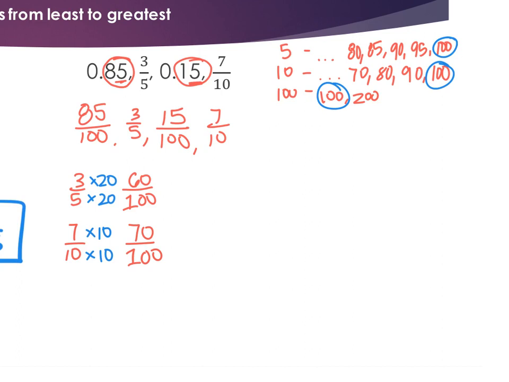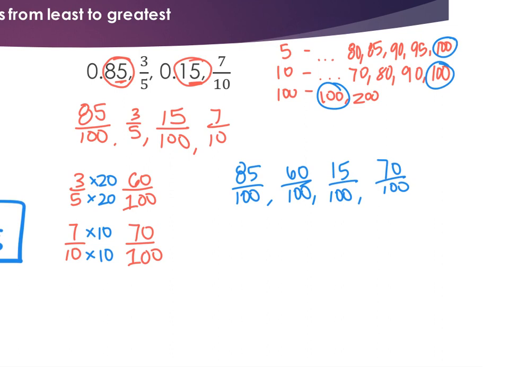All right. So my new numbers, I'm going to write them all out again just so I don't get them confused. I have 85 over 100. I have 60 over 100. I have 15 over 100. And then I have 70 over 100.